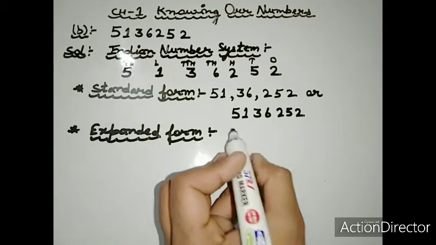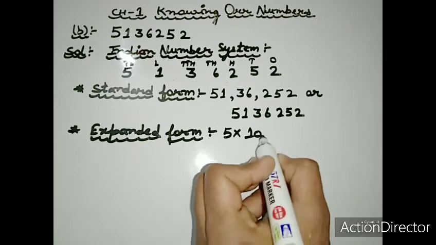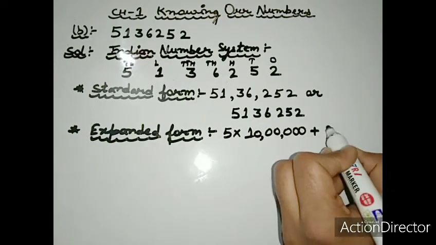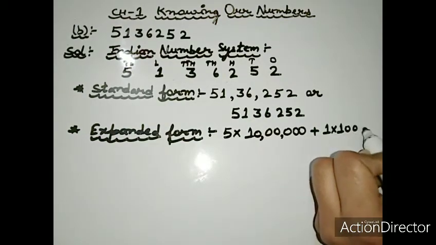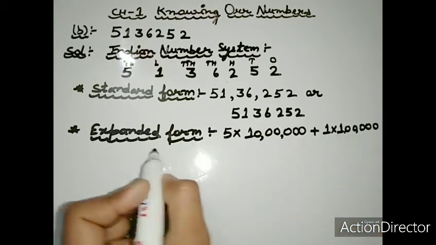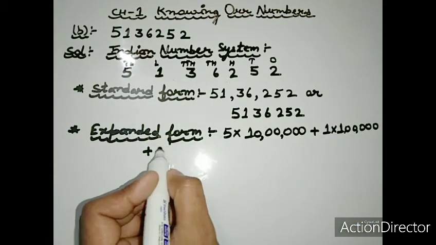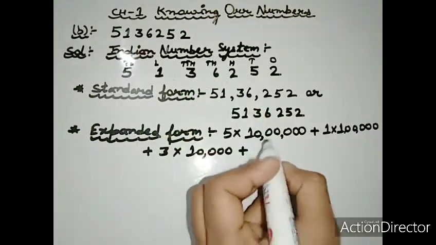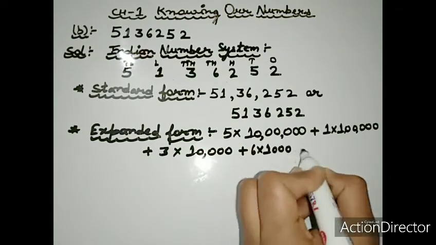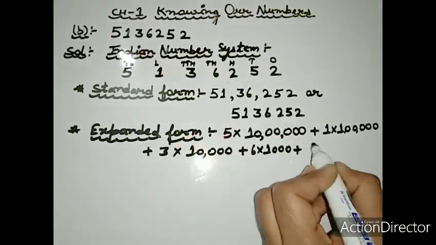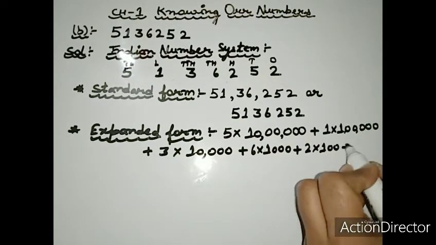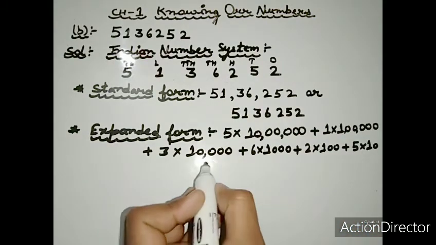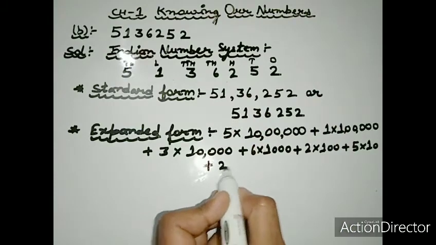So 5 in a 10 lakh place, so here we multiply 5 by 10 lakh, and 1 in a lakh place, so here we multiply 1 by 1 lakh. 3 in a 10,000 place, so here 3 multiply by 10,000. 6 in a 1,000 place, so here 6 multiply by 1,000. 2 in a 100 place, so here 2 multiply by 100. 5 in a tens place, so here 5 multiply by 10. 2 in a ones place, so here 2 multiply by 1.